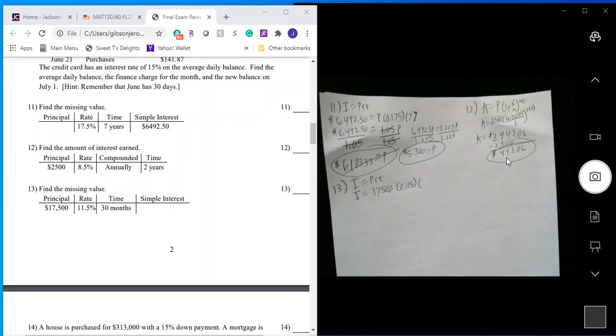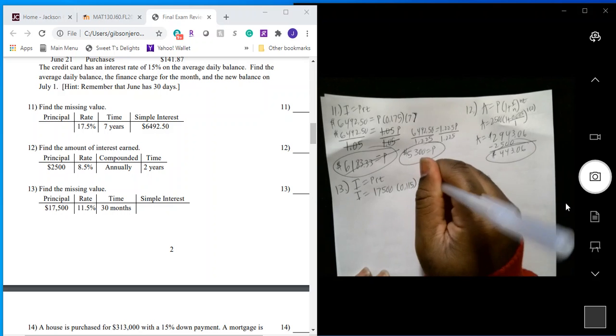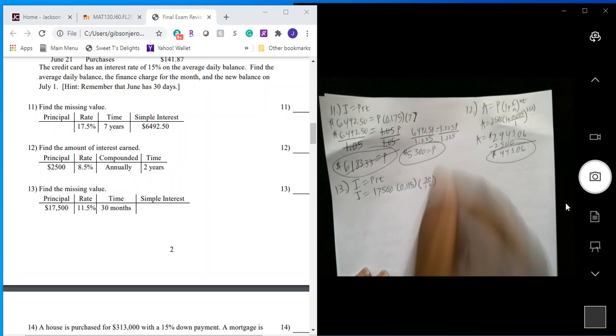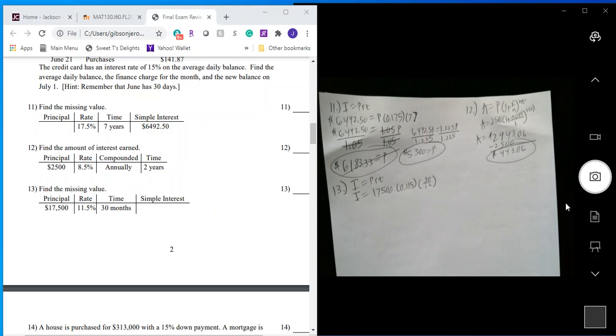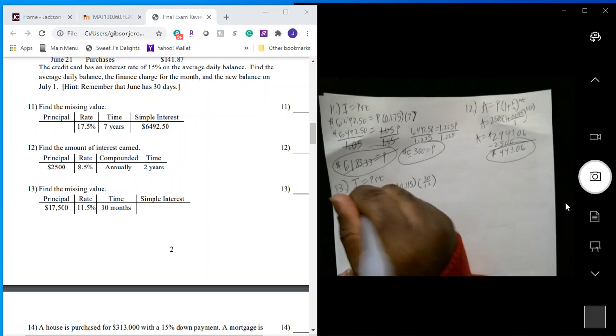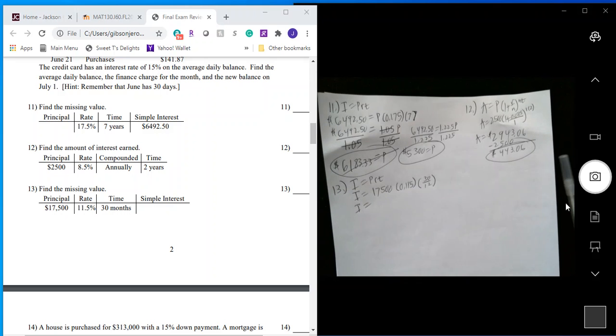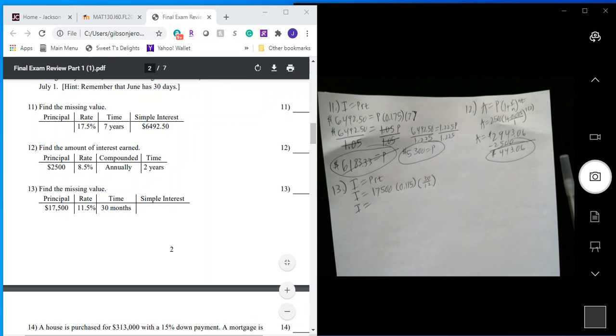Now we know time is typically calculated in years. So we would take this 30 months and divide it by 12 and make it 30 divided by 12 to indicate years, because it's 12 months in a year. So now we could put this in our calculator.